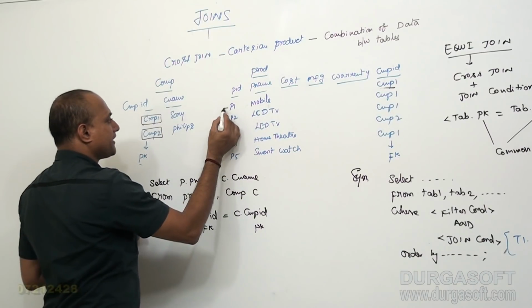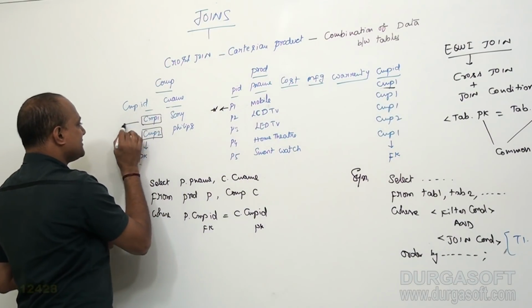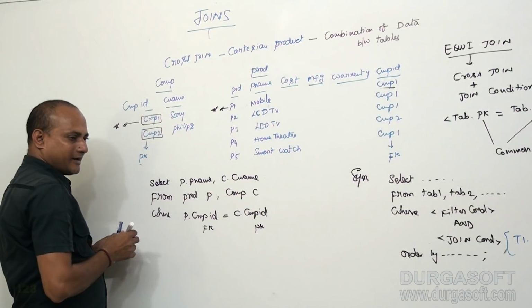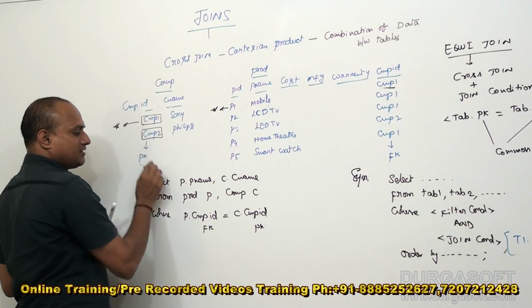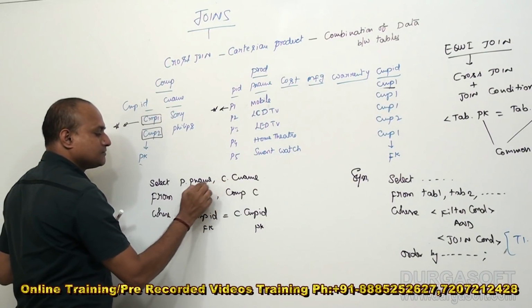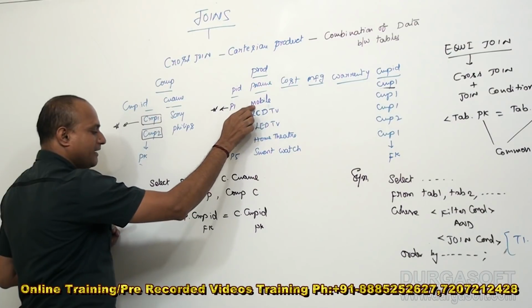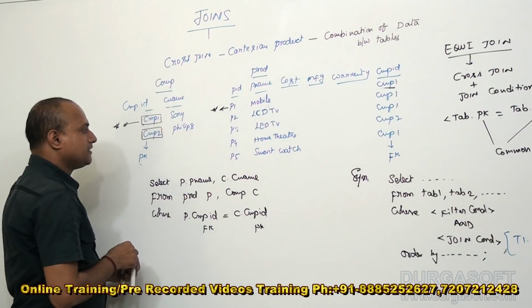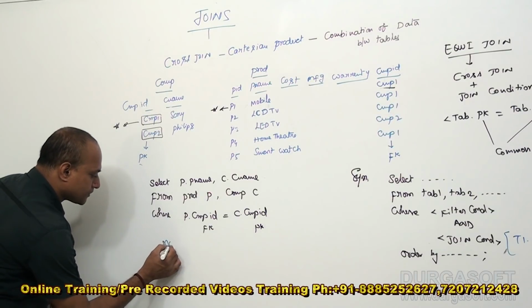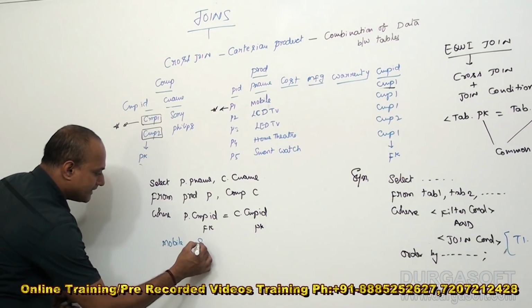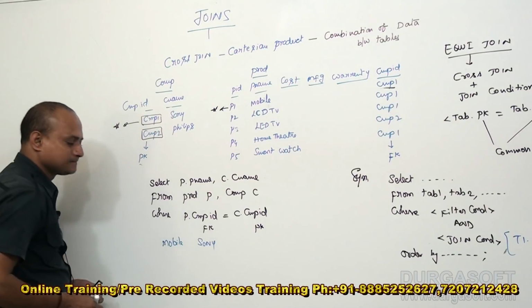This is the matching record and this is the matched record. From the matching and matched records it will take these values. From the product table it takes product name, mobile, and from the company table it takes Sony. So your first output is mobile and this is from Sony.